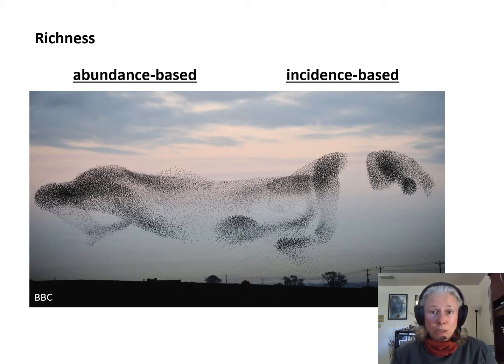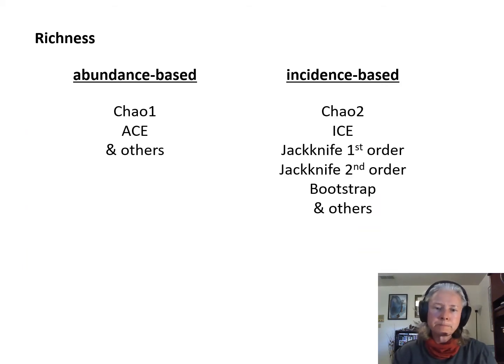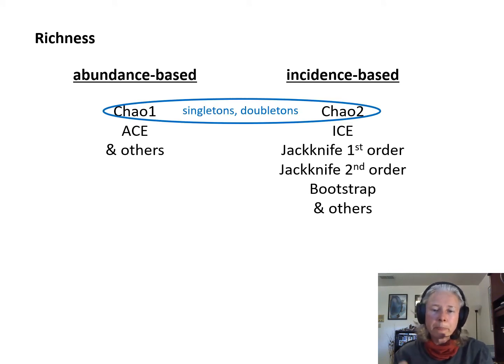There are many, many choices for both of these. These are some of the most common ones. These are the ones that I went through in the online notes for today. But most R packages give you an array of these, and you have to understand the limitations of each of them. So, for example, the Chao indices are especially useful if you have lots of singletons or doubletons in your data.